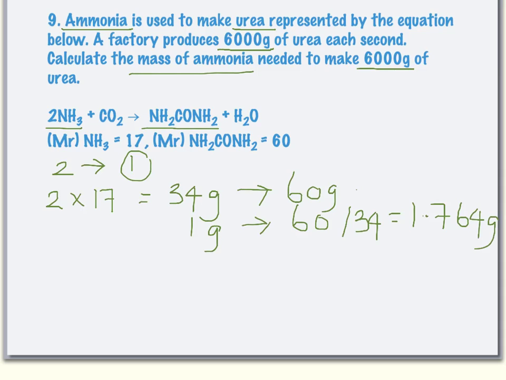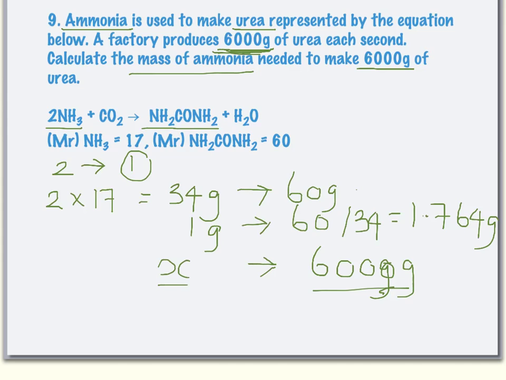Now, this is where it's slightly interesting, because we need to know how much ammonia is needed to make 6,000 grams. We need to know this bit here. How much ammonia do we need to be able to make 6,000 grams?